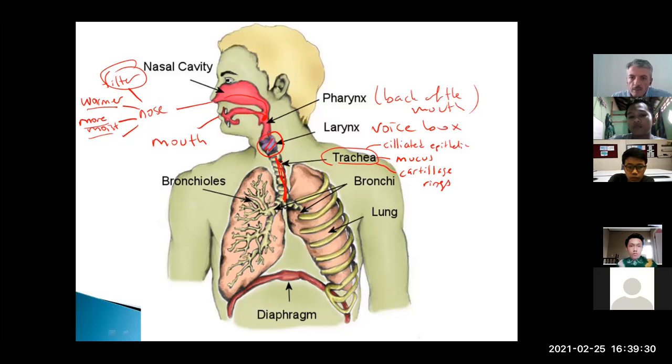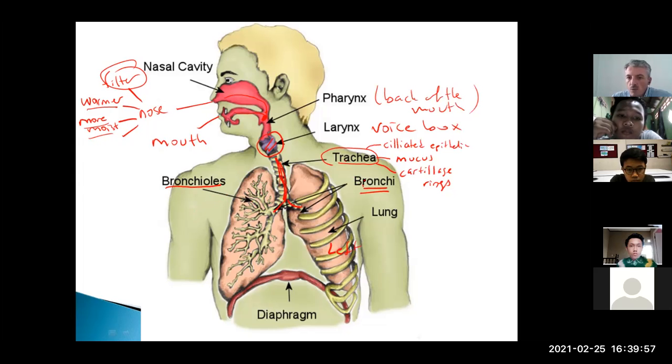We are going to look at them. So this is trachea, special one, and then branches into two bronchi, bronchus, bronchi. Bronchus, one of them, bronchi, plural. One bronchus enters the left lung. This is left, and one bronchus enters the right lung. And then inside it branches again into smaller tubes, bronchioles.